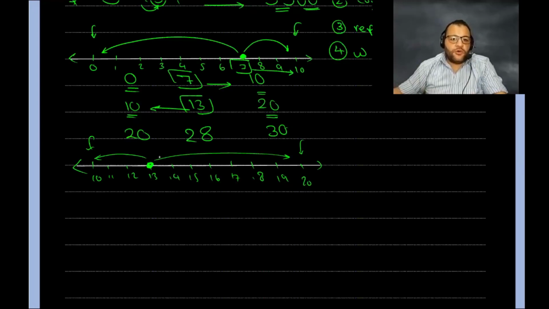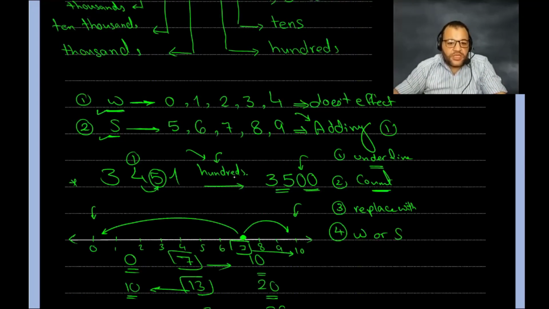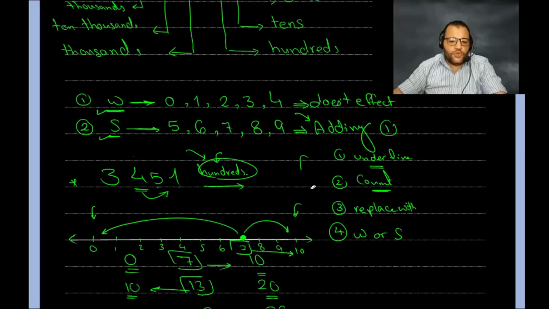If you need to round to the nearest 100, what is the digit in the 100 place for this number? Which is 4. Look at the right. How many digits? 2. So replace the 2 digits with 0. So I will write here 2 zeros.